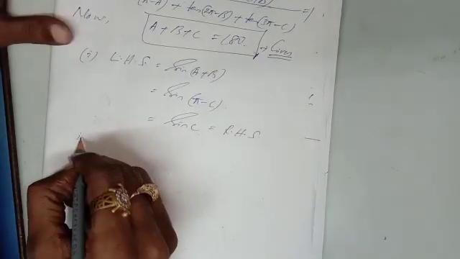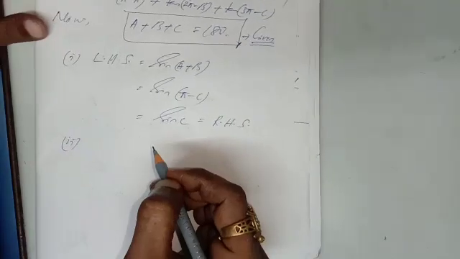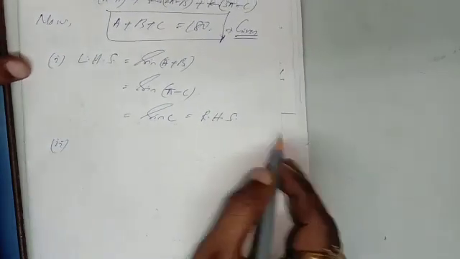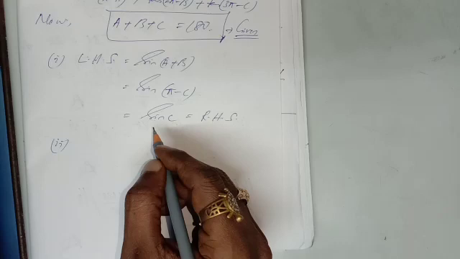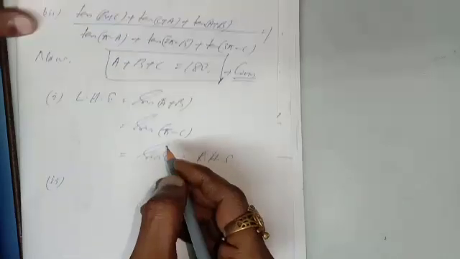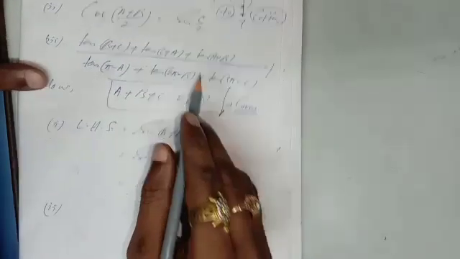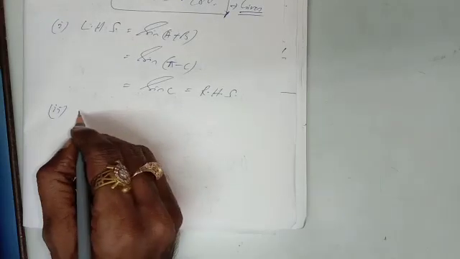Let us go to the second part. What is the second part question given? cos((A + B)/2) is equal to sin(C/2). You have to prove. The first one, the left hand side.